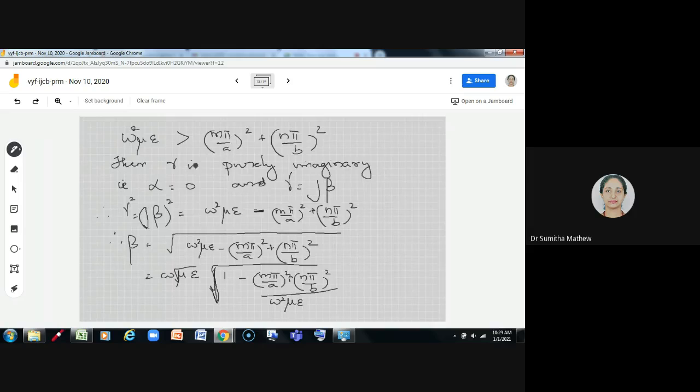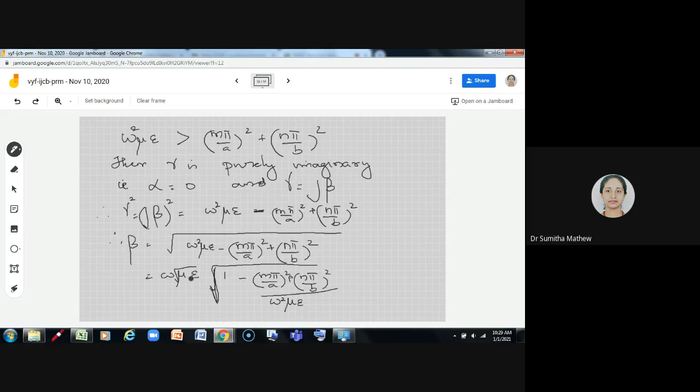So again, once again, omega square mu epsilon is greater. That means gamma is purely imaginary, alpha is 0 and gamma equal to j beta. So we can write gamma square, which is j beta square, equal to omega square mu epsilon minus (m pi by a) whole square plus (n pi by b) whole square. That means beta you can write as the square root of this.